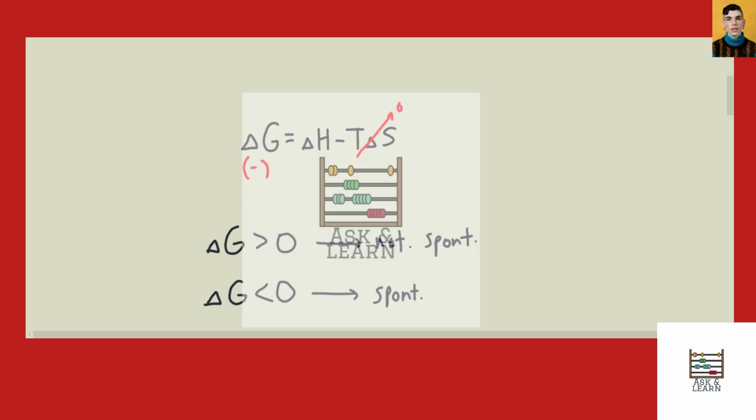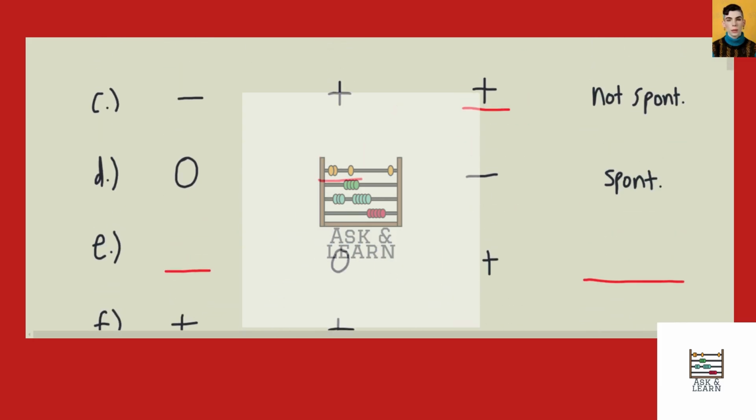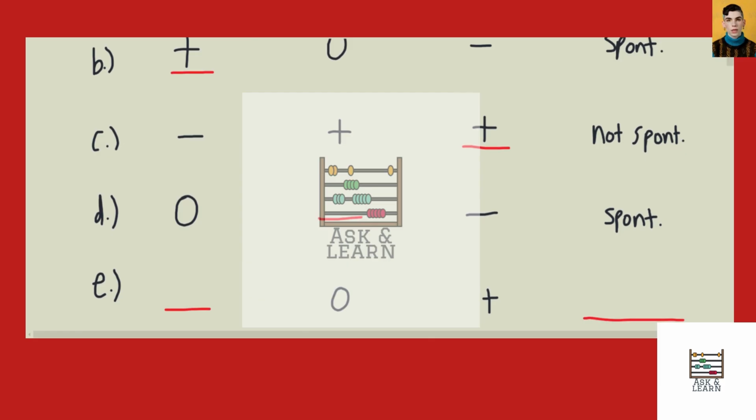Since we got rid of the T times delta S term, the only way that delta G could be negative is if delta H is negative, because delta G equals delta H, since delta S is 0. So therefore, we can conclude that in part D, the sign for delta H must be negative.